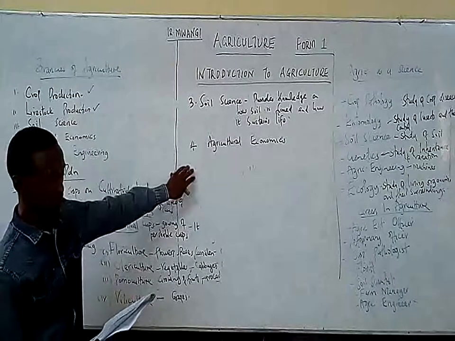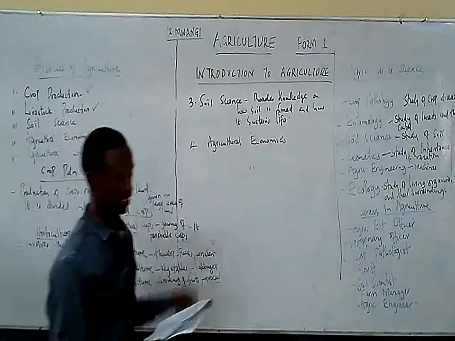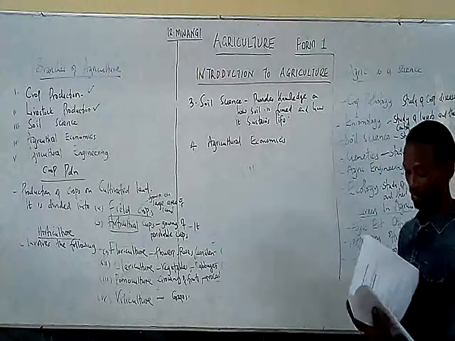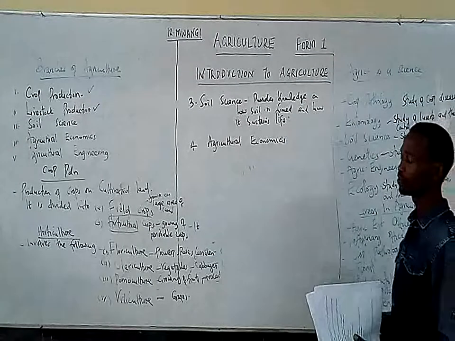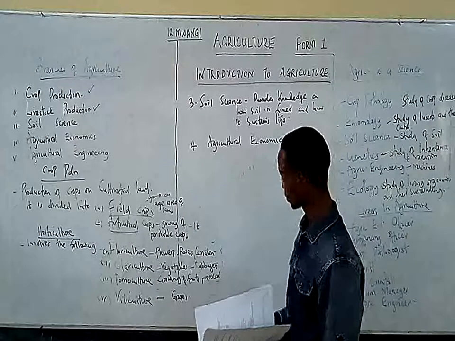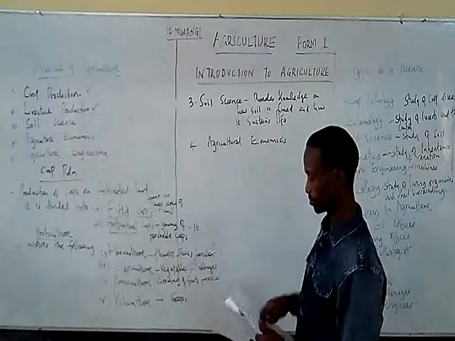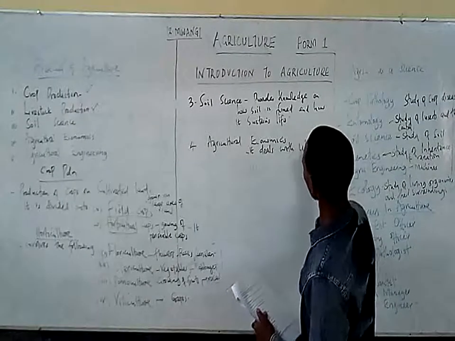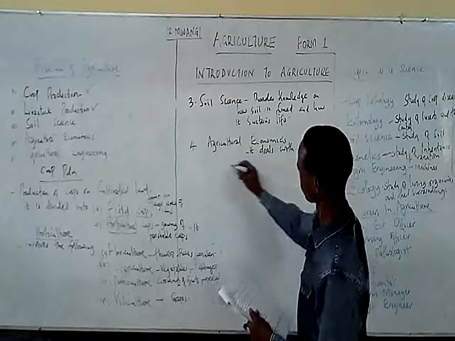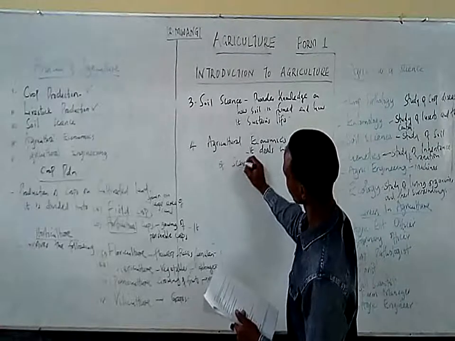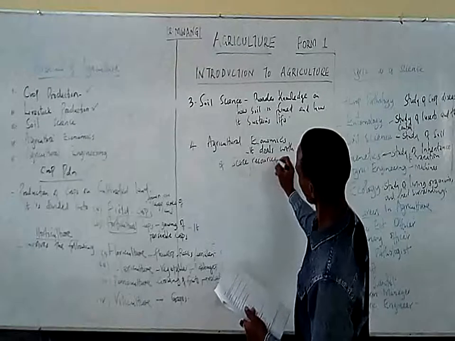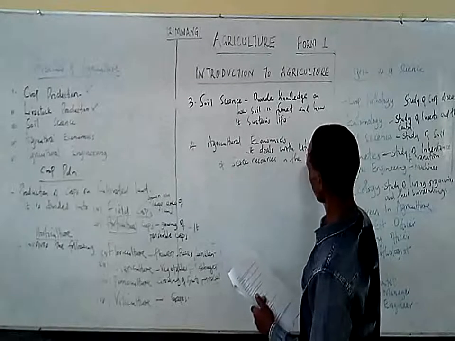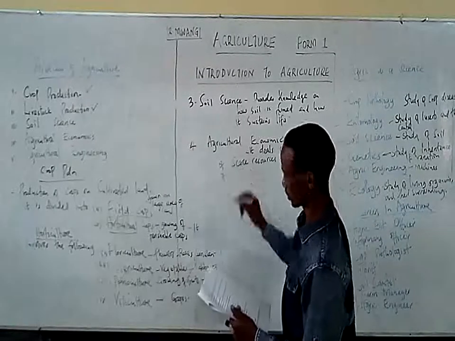When we talk about scarce resources, these are things like the factors of production, which involve land, labor, and capital.